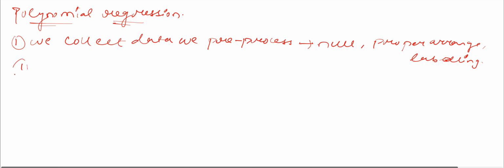Then comes step two, which is a very important step: we standardize our data. You might ask why we can't do regularization here.